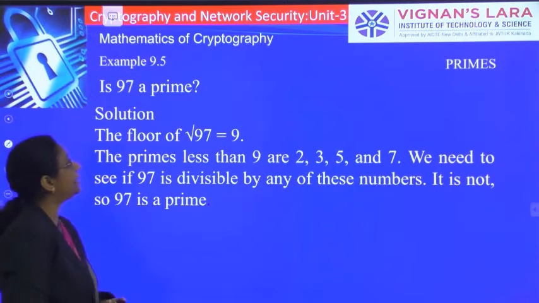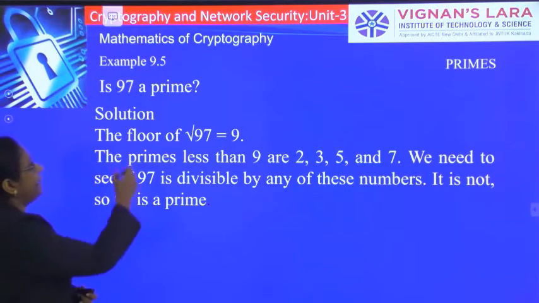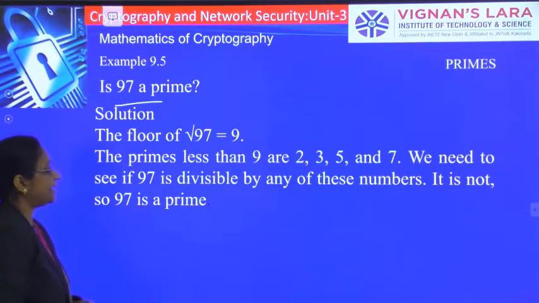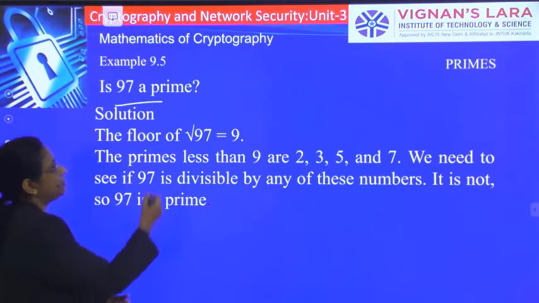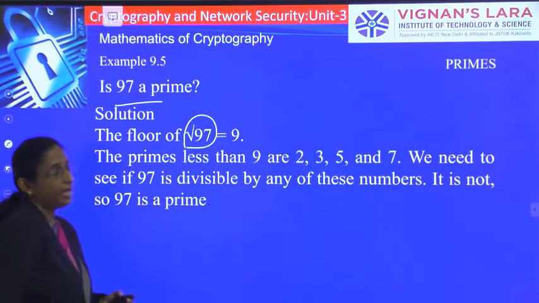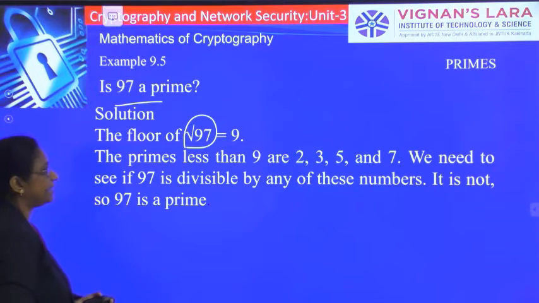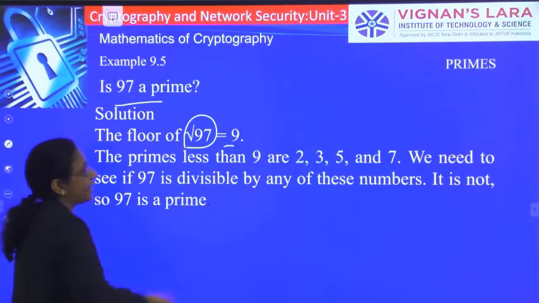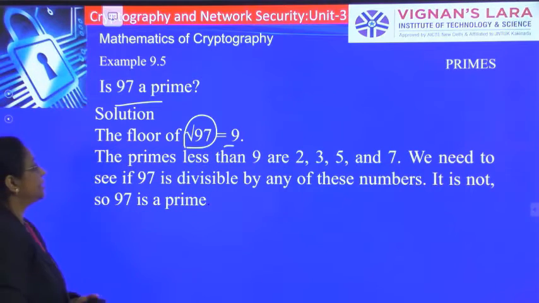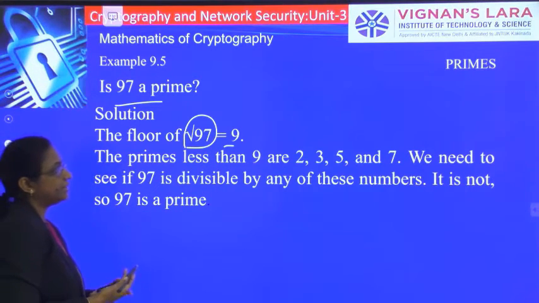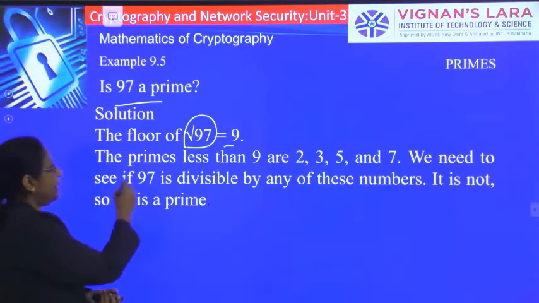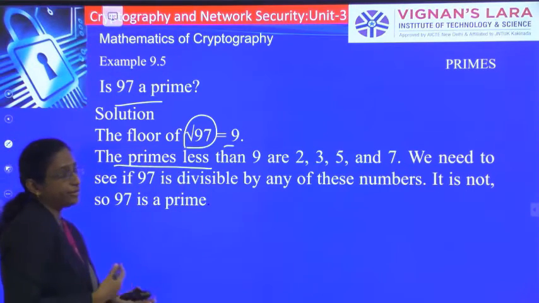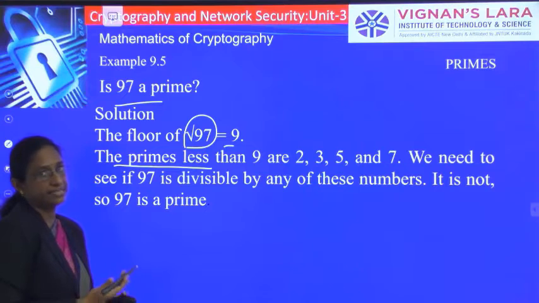Let's see one example: is 97 a prime? First you calculate root 97 and take the floor, which is 9. Then you take the prime numbers less than 9.